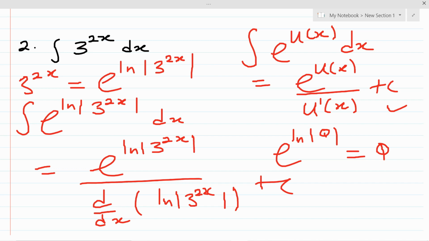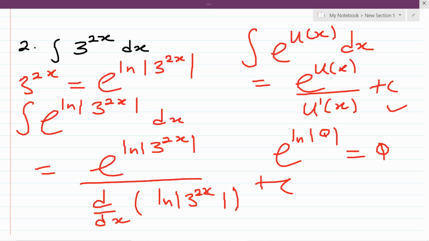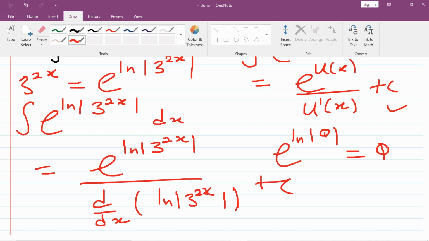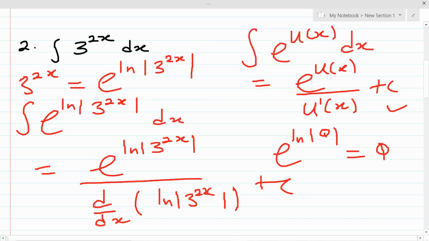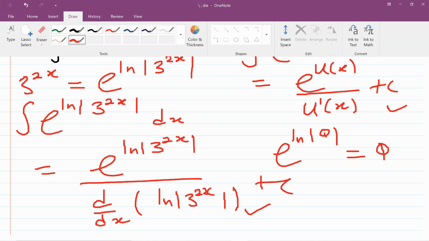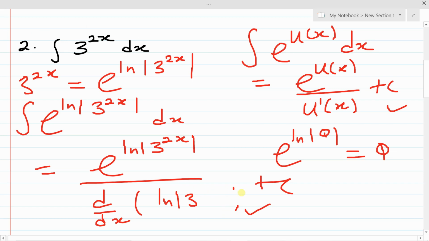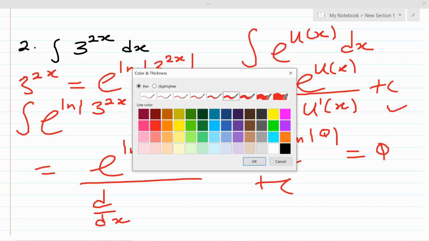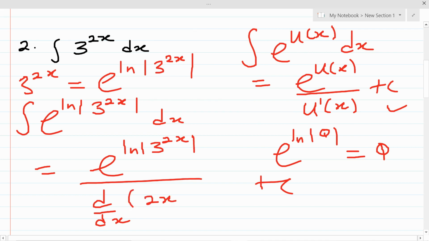Now let's consider something. If we simplify the logarithm aspects, the ln of 3 to the 2x can be manipulated to get 2x times ln 3. So this is how it's supposed to be, 2x then ln of 3, because you know how to compute ln of 3 to the 2x from logarithm.